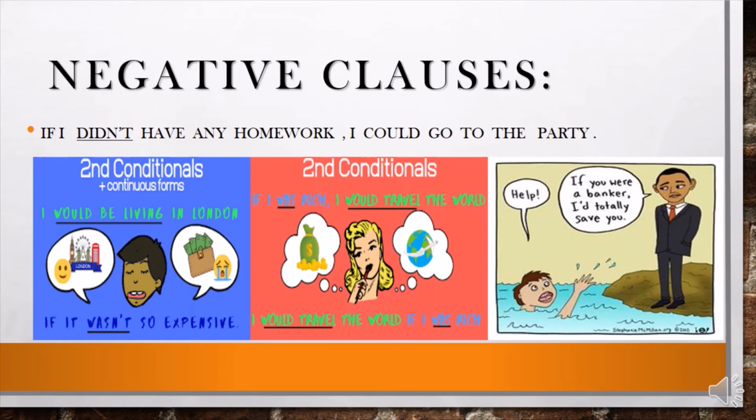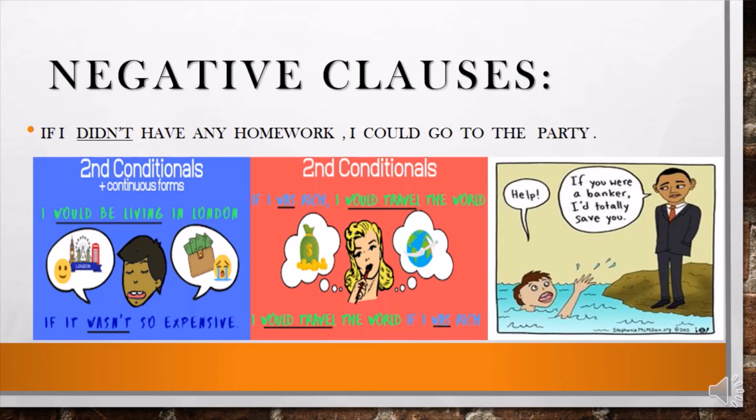To be safe, no need to use be. I can put it another way for you. I would be in London if it wasn't so expensive, or I would live in London if it wasn't so expensive. So the three options are all correct.